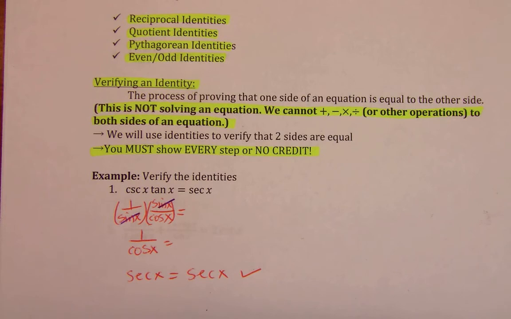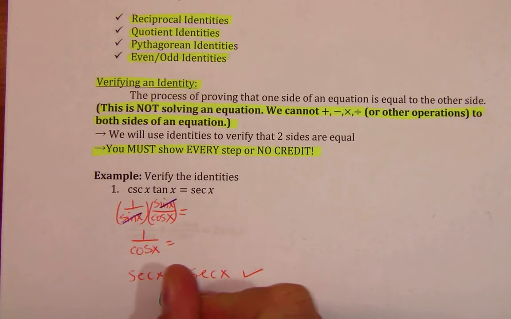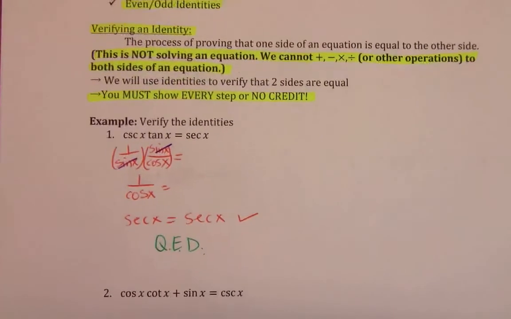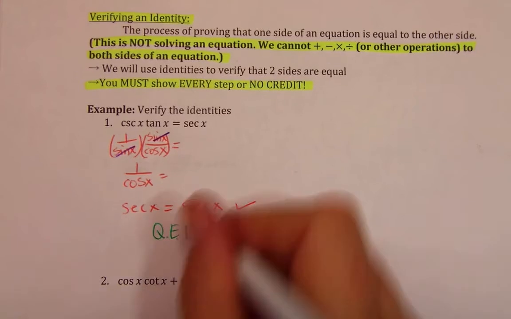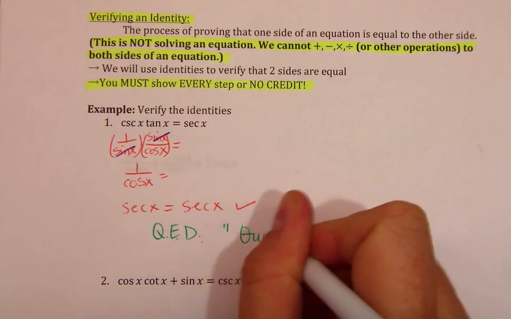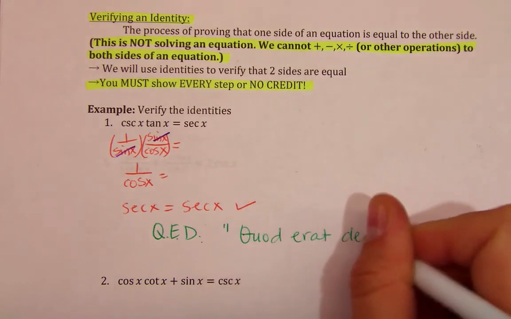And there's one thing that we'll write at the end of our proofs. So at the end of this proof, we're going to write QED. Now this is abbreviated for a Latin phrase. That Latin phrase is quod erat demonstratum.